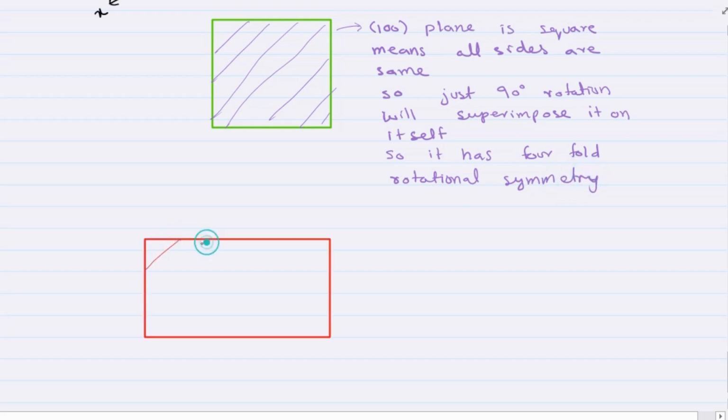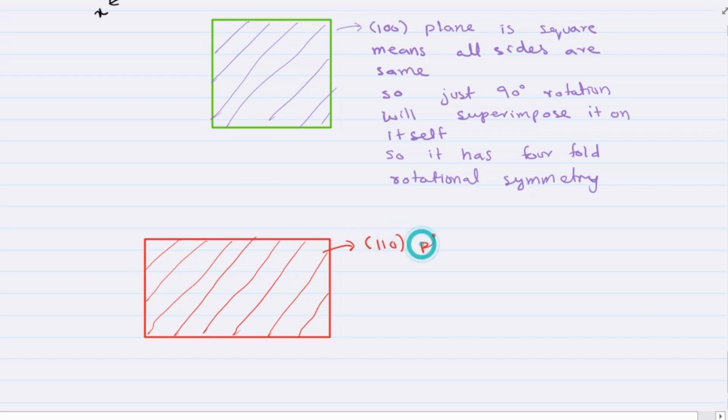Now we take the other plane, that was the 110 crystallographic plane. From the shape, it is obvious that the 110 crystallographic plane is a rectangle. So the 110 plane is a rectangle.